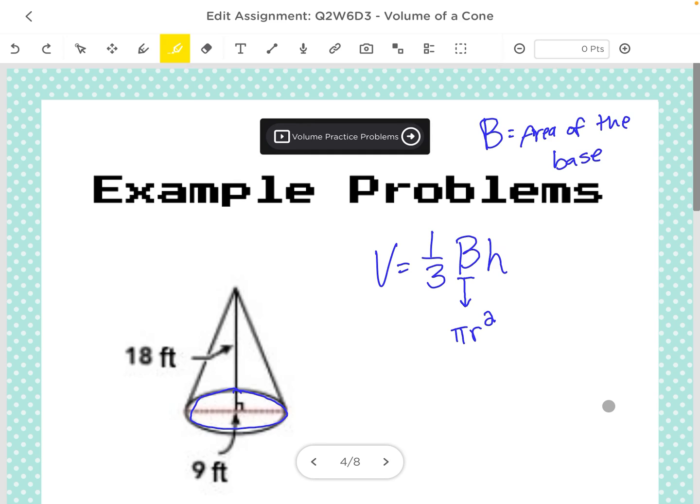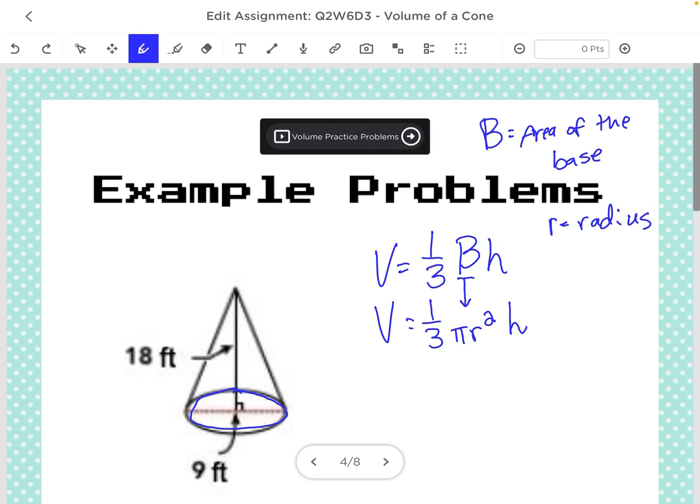Okay, I bring everything else down. So now I've got volume equals 1/3 pi r squared times h, the height. Okay, so remember this r is the radius, which is halfway across the circle.